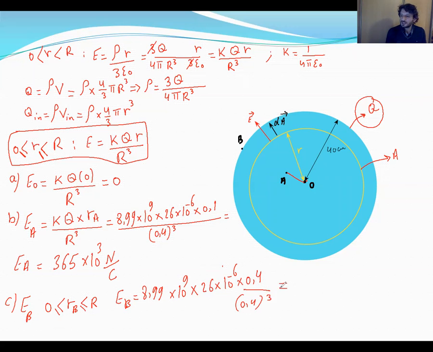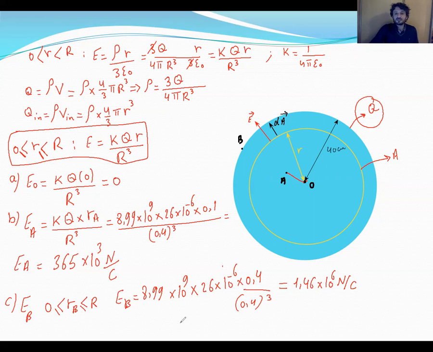We get EB equals 1.46 times 10 power 6 Newton per Coulomb. This is at the point B.